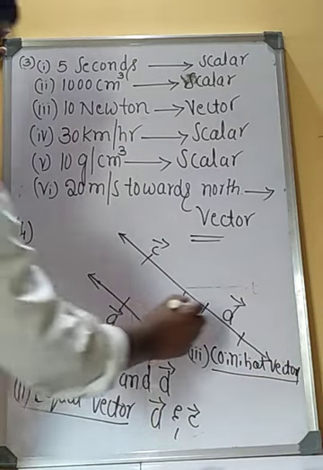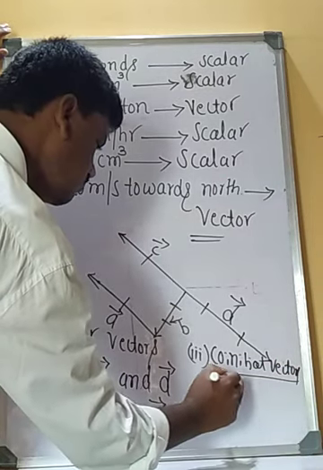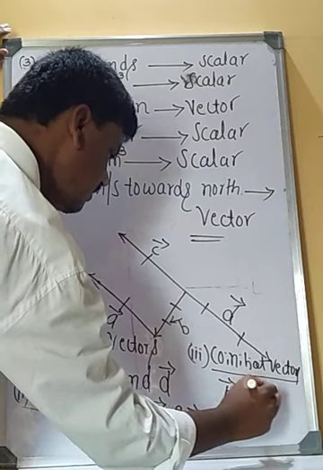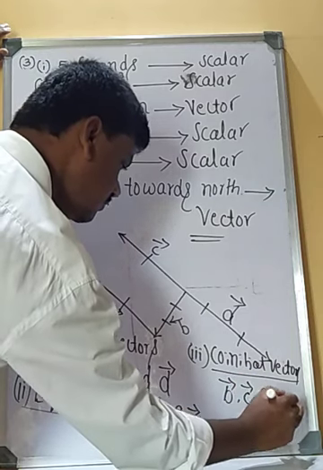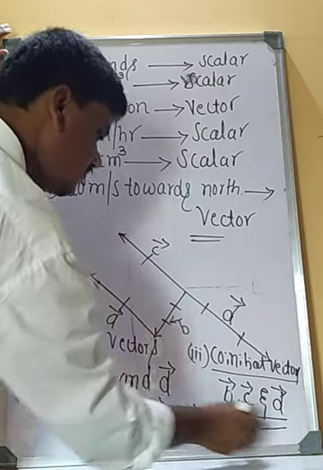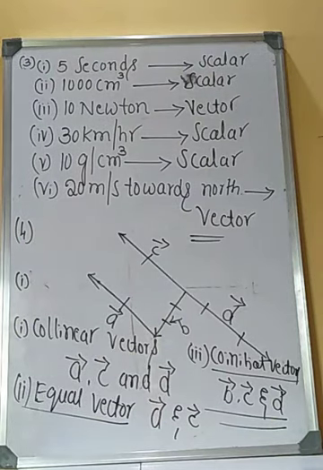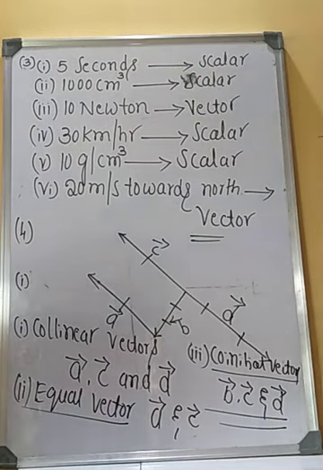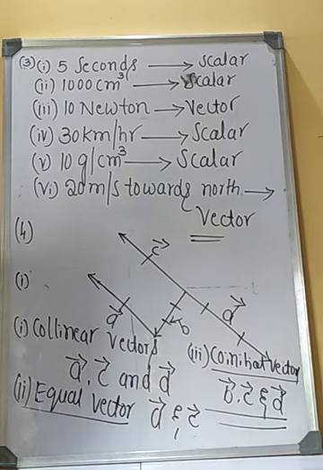Co-initial vectors are vector B, vector C and D. So these three vectors are co-initial vectors. Okay, students, stop here. We'll continue in the next class.